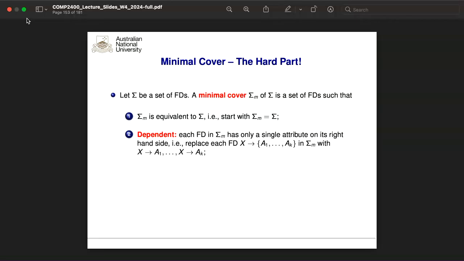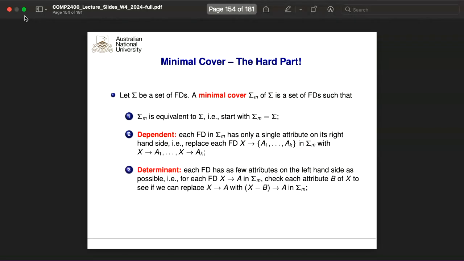If we throw it away, we may lose some information. But if we make each functional dependency minimal first, that allows us to remove some functional dependencies later on. So this is the first step: we separate each attribute in the dependent of each functional dependency.